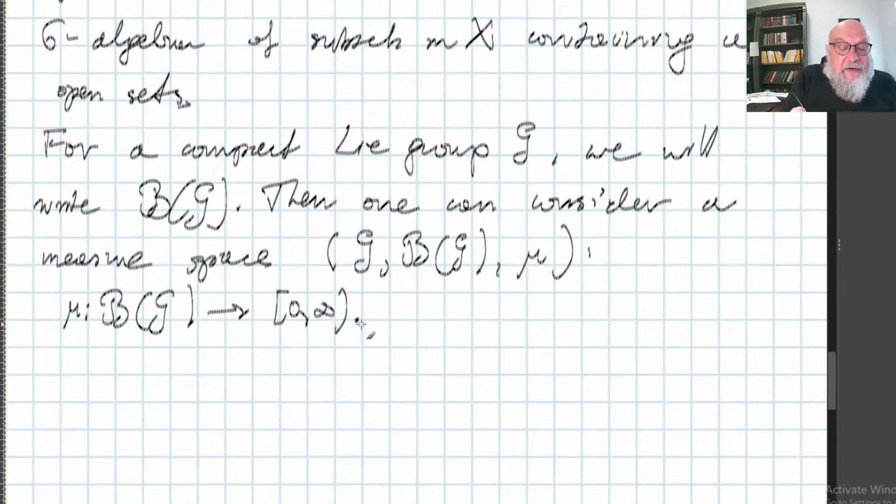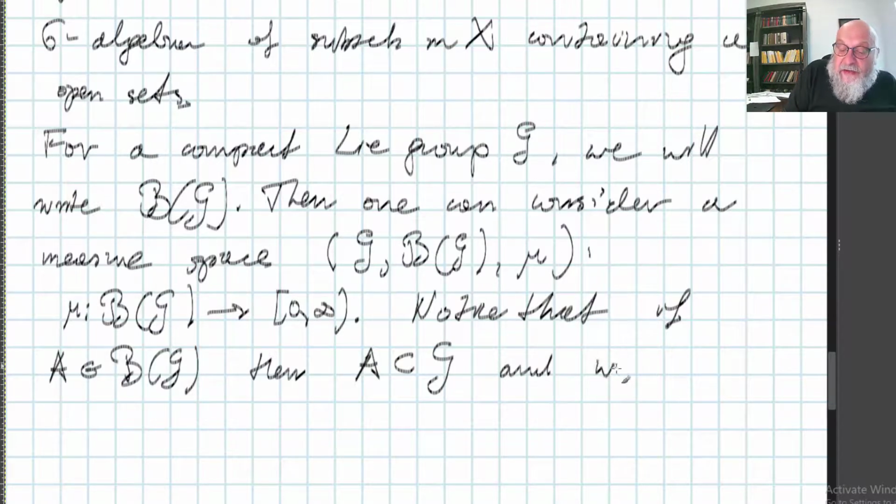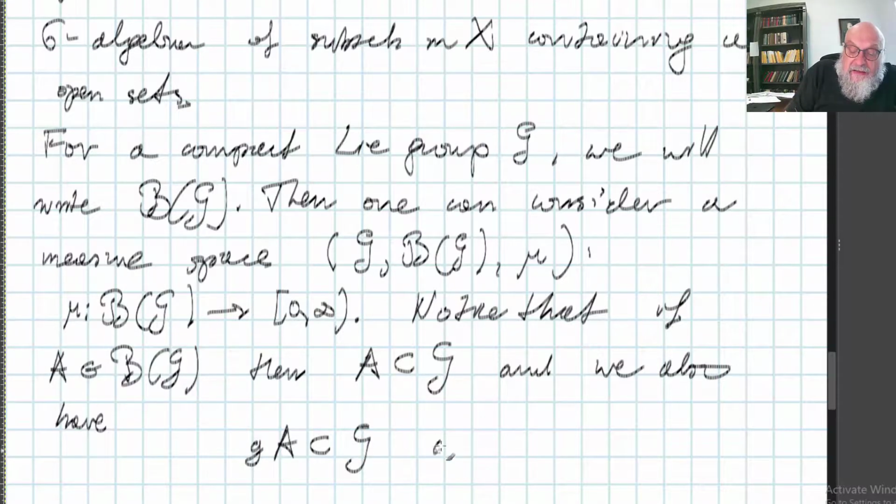And now, of course, we are interested in specific different sets. Notice that if A belongs to B(G), then this is a subset of G, and we also have two types of different subsets. I can write gA, which is also a subset of G, and I can also write Ag, multiplying from the right.